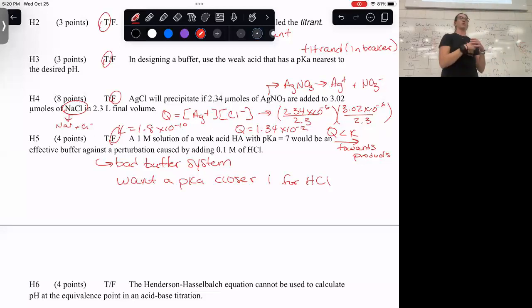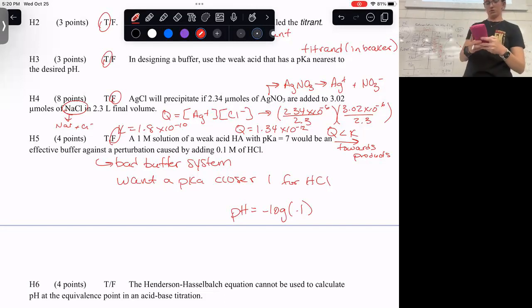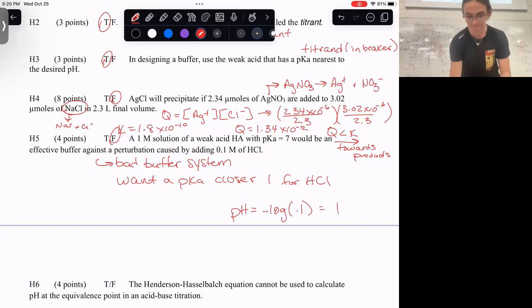Good question. So this one's false because the pH of this specific concentration of HCl would be super low. If we found the pH here, it would be the negative log of 0.1. And what is the negative log of 0.1? Yeah, this is 1.